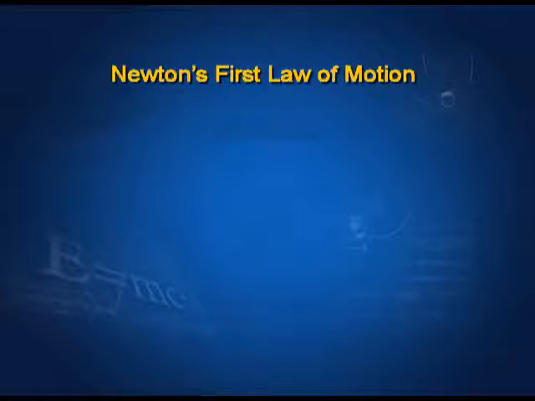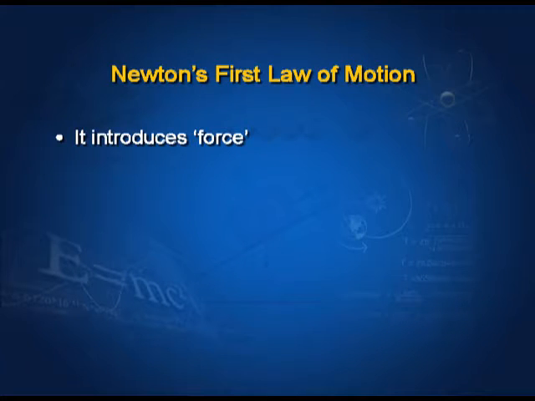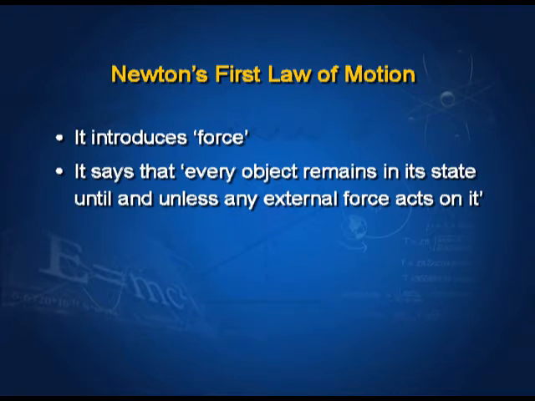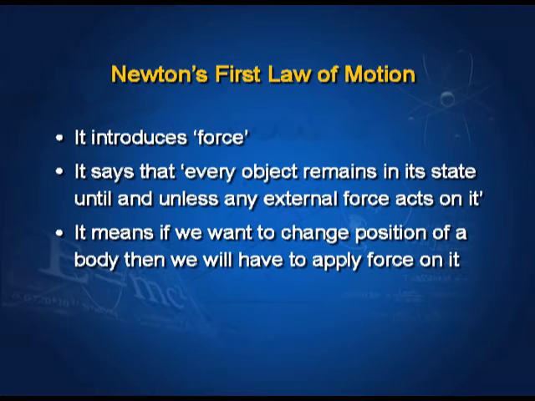Now, we will come to Newton's laws of motion. The first law of motion introduces force, and the law states that every object remains in its state until and unless an external force acts on it. It means if we want to change the position of any object, we will have to apply force on it.